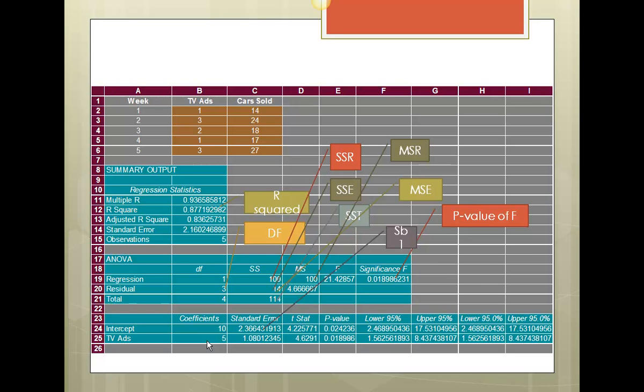Remember, your goal was to minimize errors, right? So SSE looks at the difference between your actual y and your predicted y. It tells you the variation in y not explained by your regression.